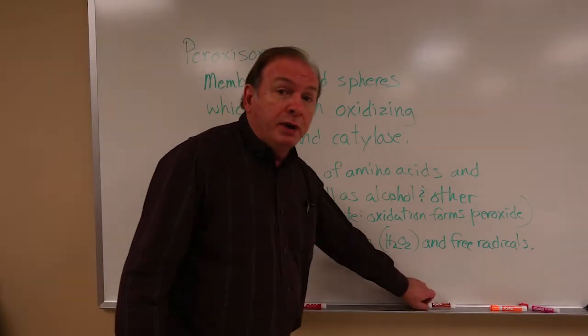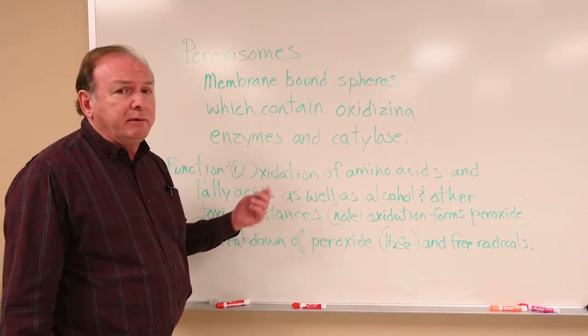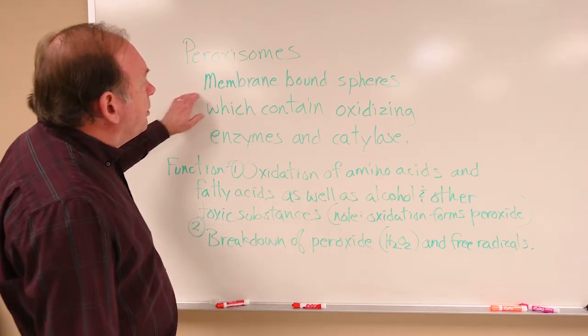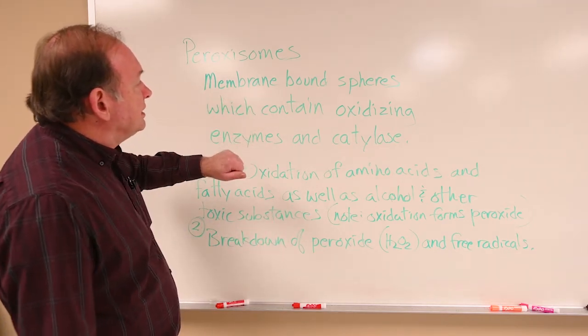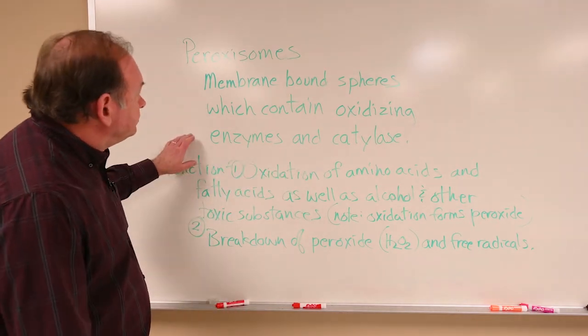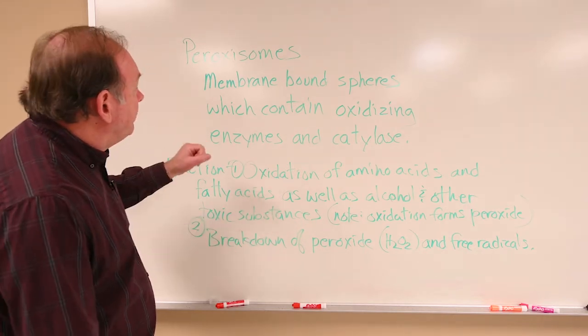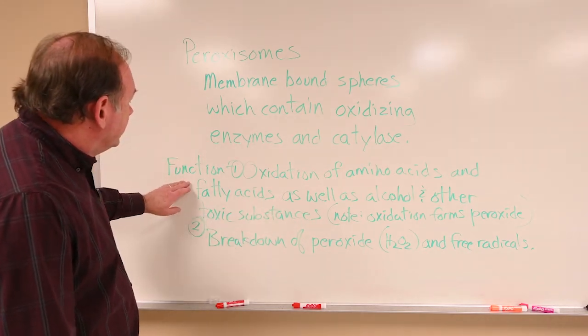Our last membranous organelle, the peroxisome, is a very small vesicle, again very much like a lysosome. It's a membrane-bound sphere which contains oxidizing enzymes and catalase. So it doesn't look like much, just a little bubbling of a vesicle inside the cell.